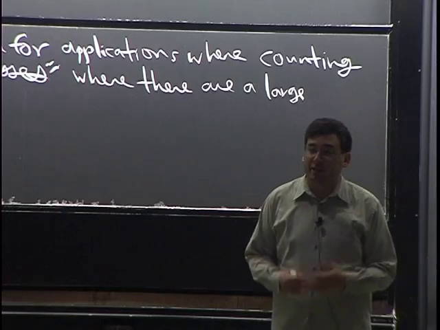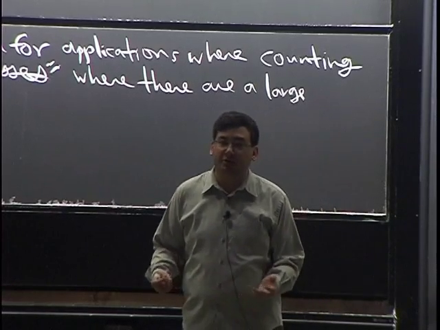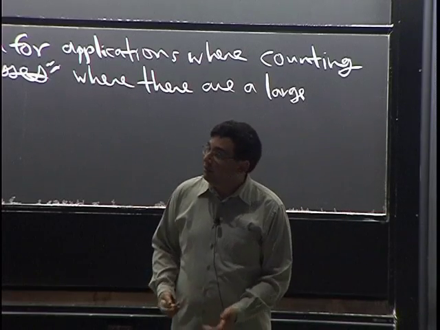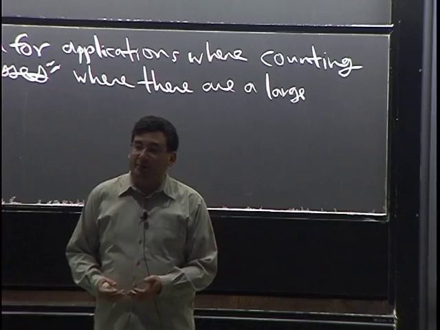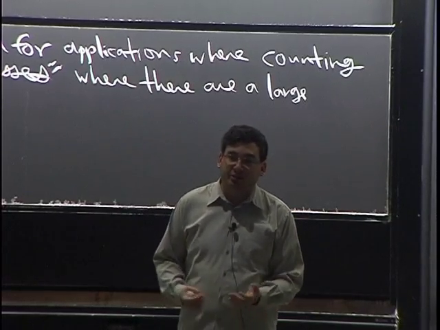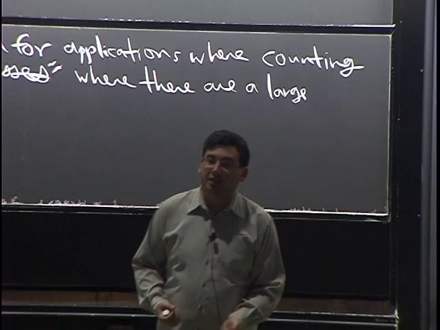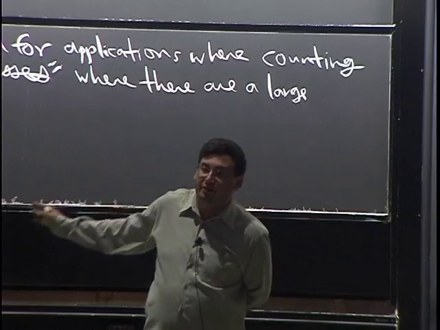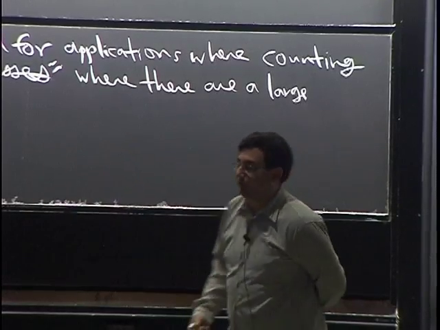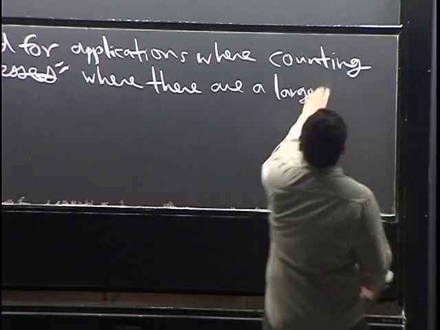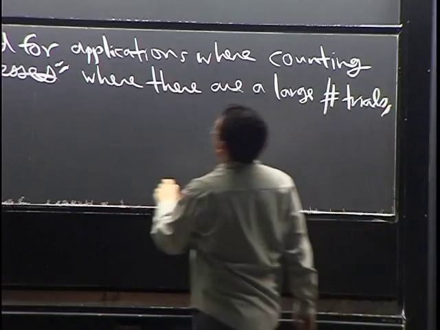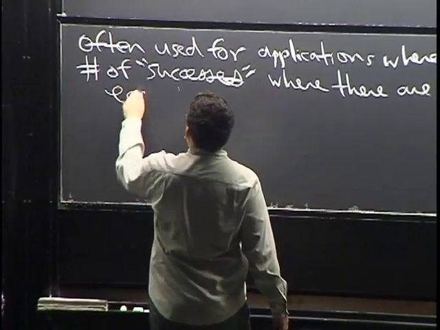Let's say we had 10,000 trials, but each one only has probability 1 over 10,000 of success. Well, we immediately know that the expected number of successes is 1, just using linearity and indicator random variables. But it's that kind of thing where we have a large number of trials, and a small probability of success for each one. So that's the general setup.